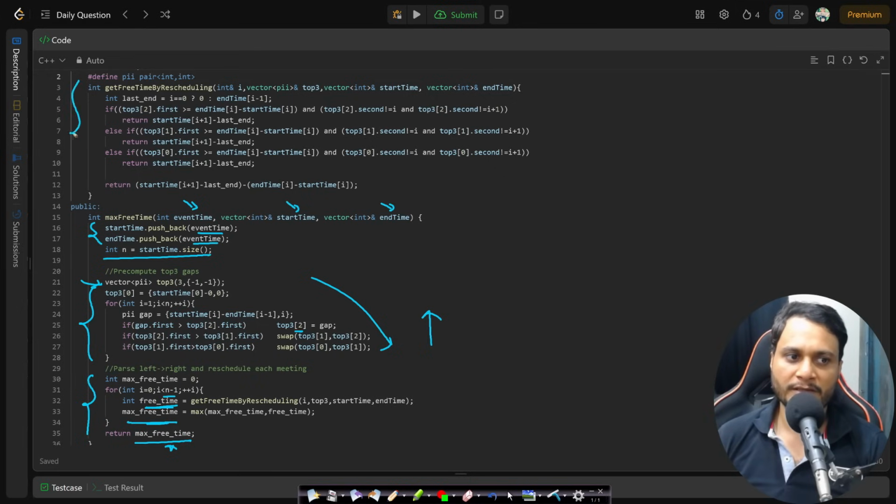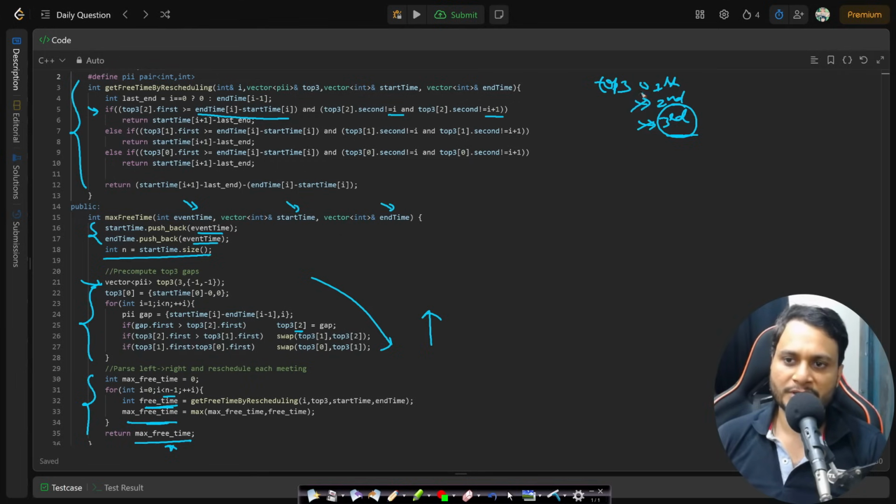Now this is the technique for actually finding out the free time for any rescheduled meeting. The top 3 contains the first rank, second rank and the third rank. So first I will be comparing with the last one, and if you find that the slot is large enough and the index is not equal to I or I plus 1, then we are done. If we are not done, we will check with the second slot.